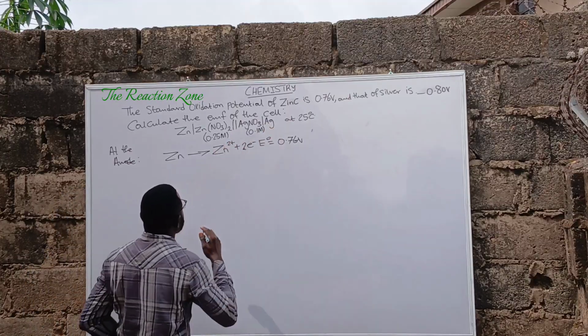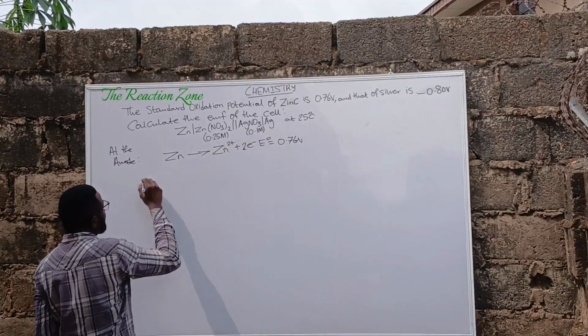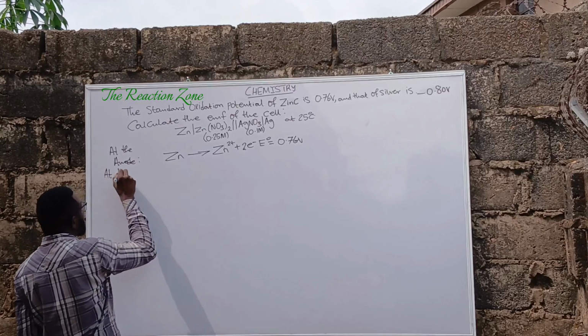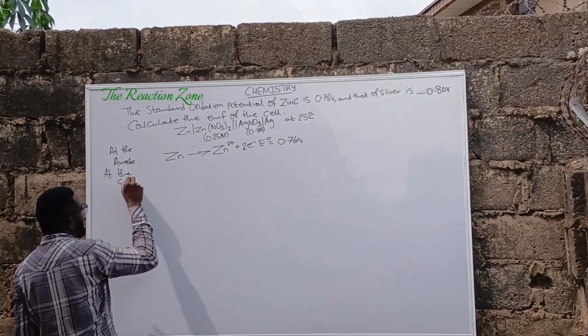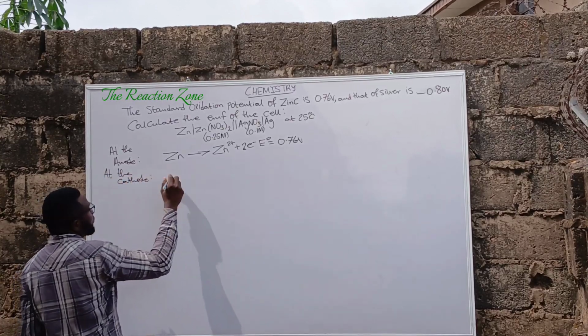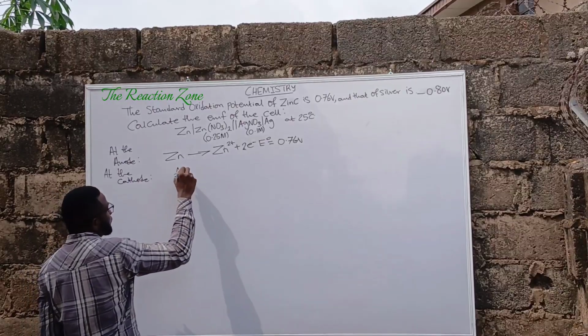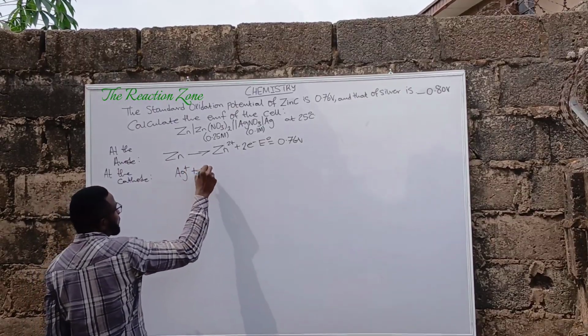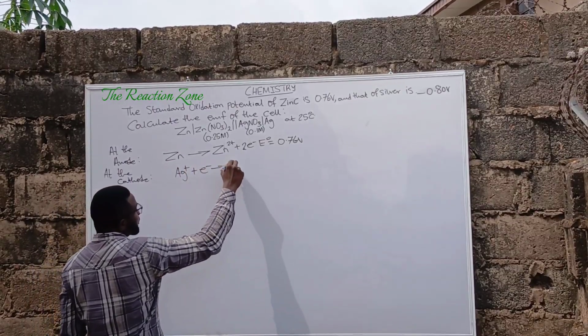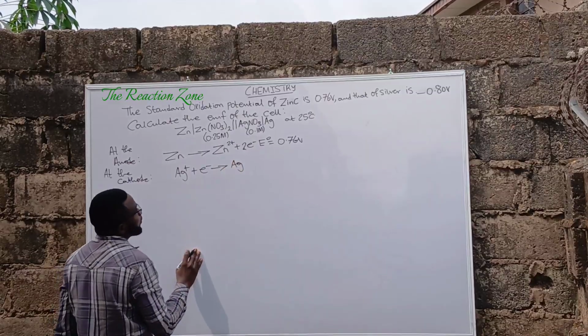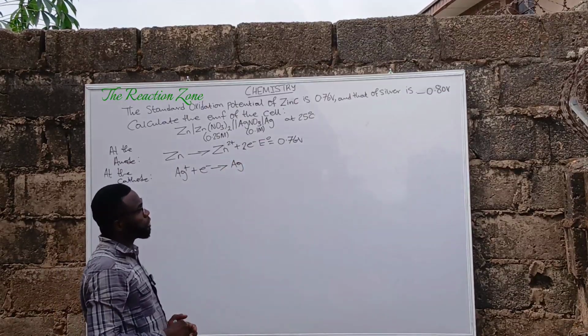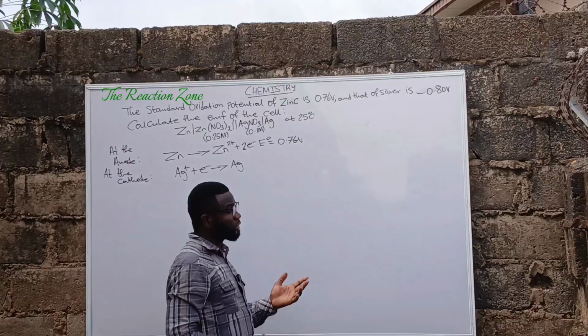the silver half cell is where reduction takes place, that's the cathode. So, at the cathode, you have silver ion accepting electrons to give silver. Now, we are given the oxidation potential of silver.